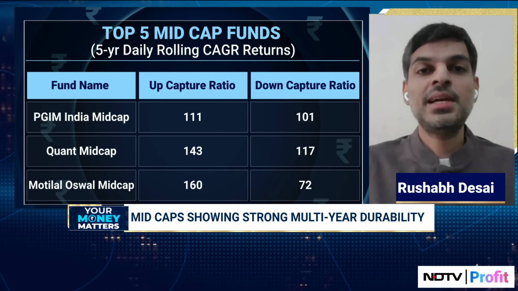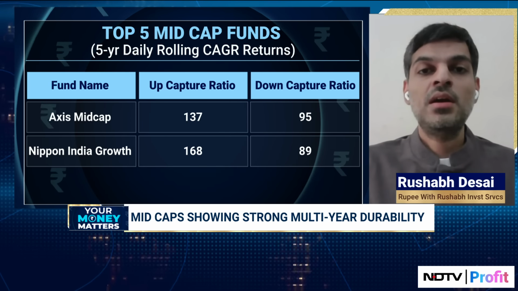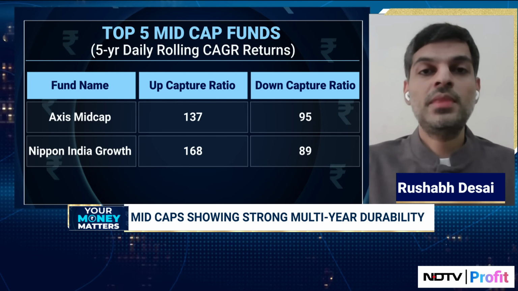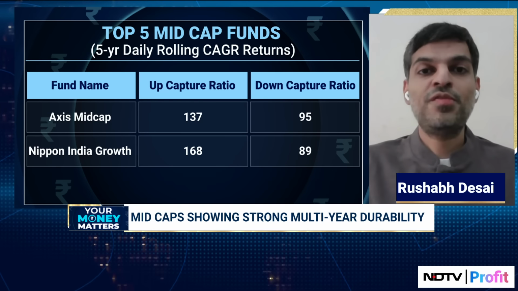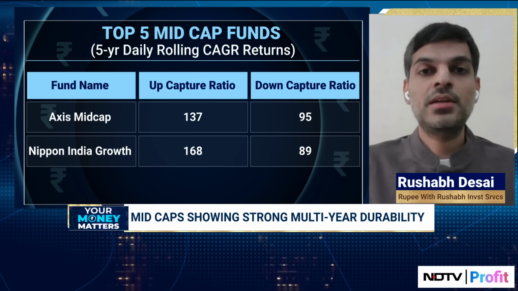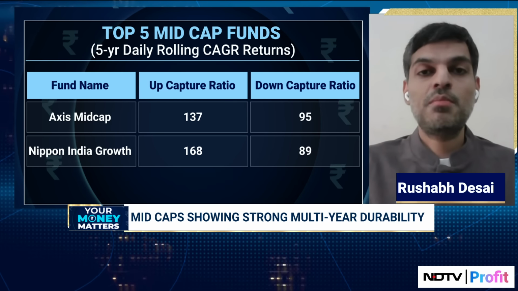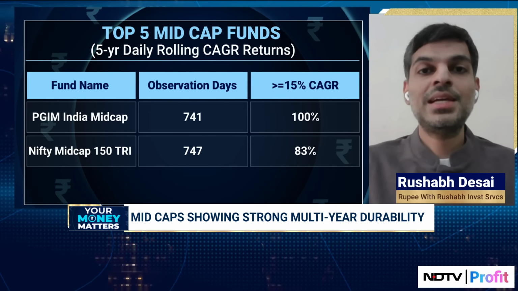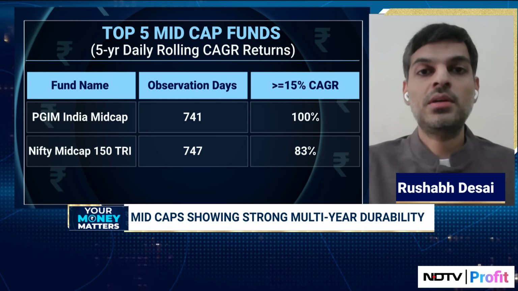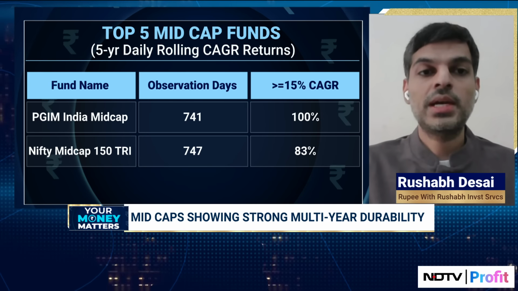So I truly feel that mid and small cap active funds will do better compared to the benchmark. Number two, choosing a fund based on consistency, rolling returns over the period of 5, 7, 10 years is very important. And number three, I would look at how much that fund is able to outperform the benchmark. So consistency and outperformance is something I would look at.